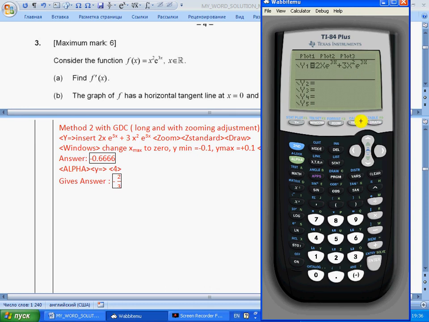Because we used zoom out before, now we go to zoom and choose standard 6. So we are drawing with standard zoom. It will take a lot of time before it draws the picture.